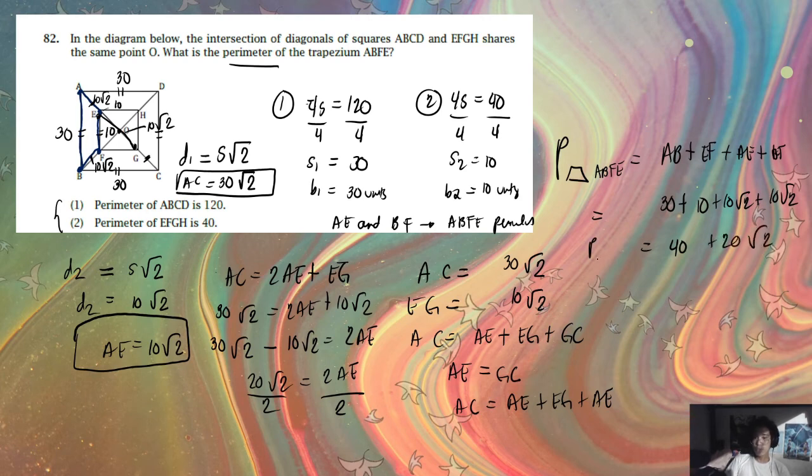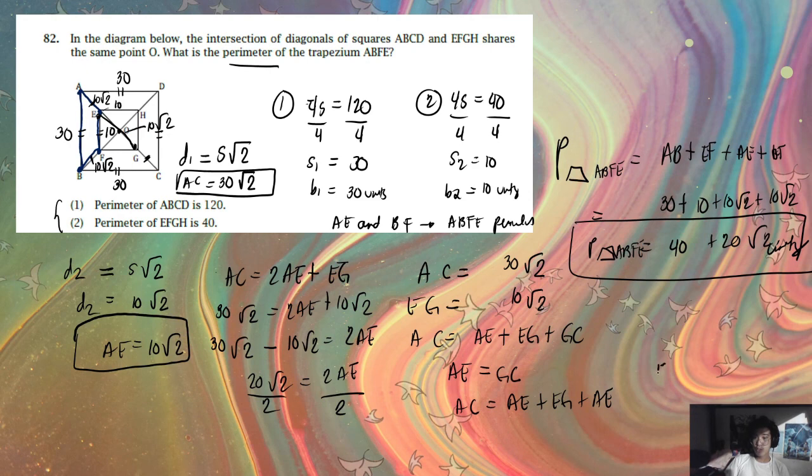So therefore the perimeter of trapezium ABFE is just equal to 40 plus 20 square root of 2 units. If you're going to try to simplify that using your calculator, 40 plus 20 square root of 2, that should give us approximately 68.28.